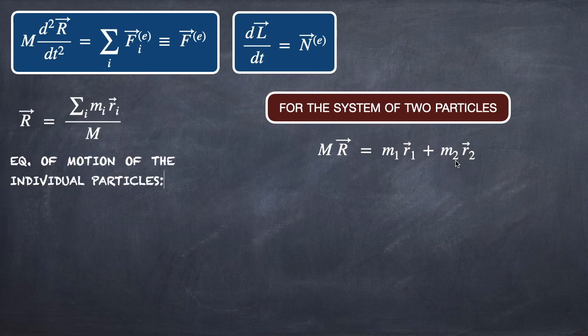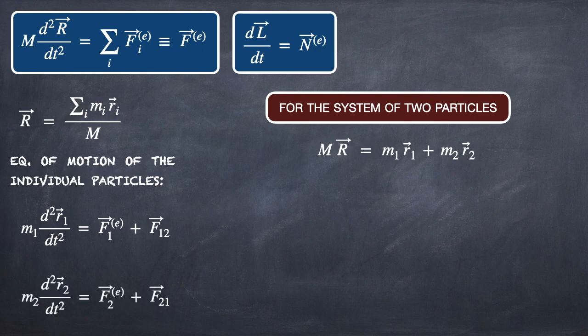So the equations of motion of the individual particles are, for particle 1, m_1 multiplying the acceleration of particle 1, which is the second order time derivative of R_1. This is equal to the external force on particle 1 plus the internal force of particle 2 on particle 1.